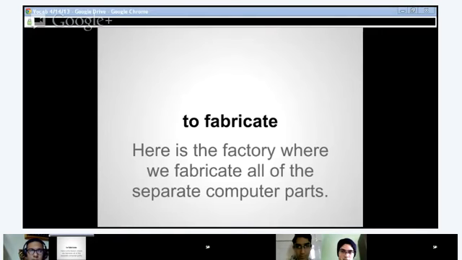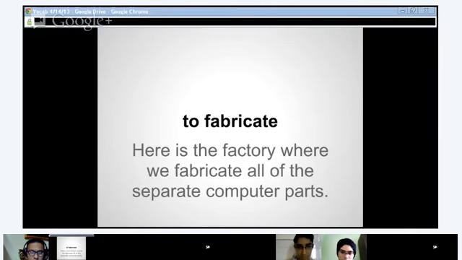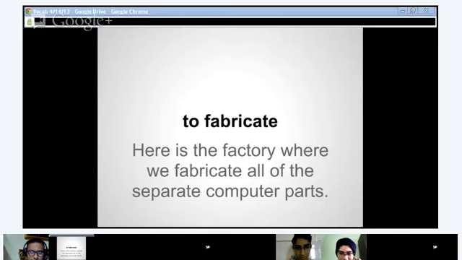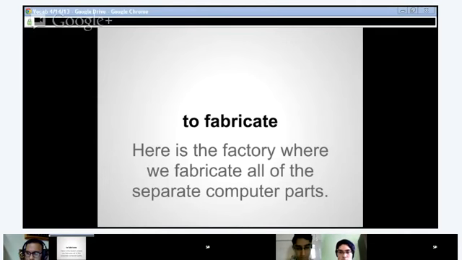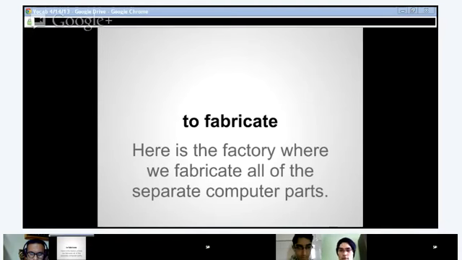Right, not to fix, but to make something or to manufacture something. Produce. Right, it could be to produce something, usually when you're taking many parts and putting them together. So to fabricate or to make, to build. Okay, very good. Any questions there about this one? No.